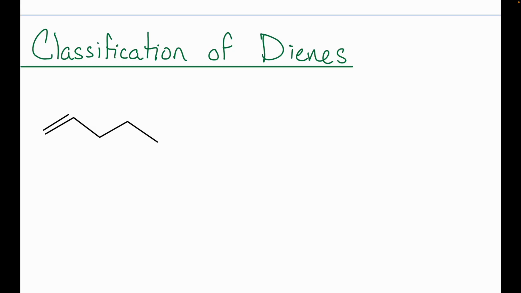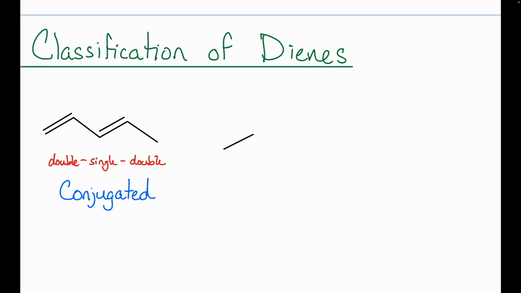A conjugated diene, the one we're really going to focus on in this particular chapter, has this perfect spacing of those double bonds where it goes double bond, single bond, double bond. This is what we call a conjugated diene. There's got to be exactly one single bond between those two carbon-carbon double bonds to be considered a conjugated diene.